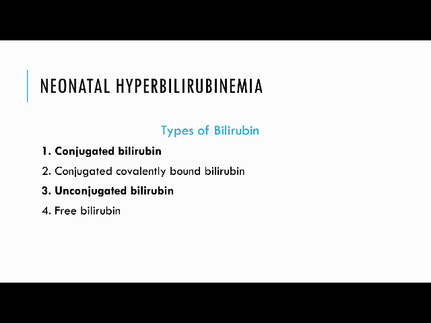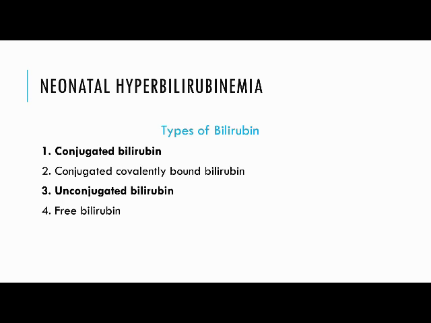And then there's free bilirubin. If you think back to the diagram pathway I had, that's the bilirubin that is unconjugated and unbound. It hasn't yet been taken up by albumin to be transferred to the liver. So it's just floating around freely in the blood, is how I remember it.